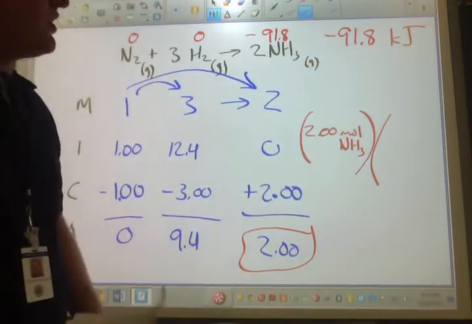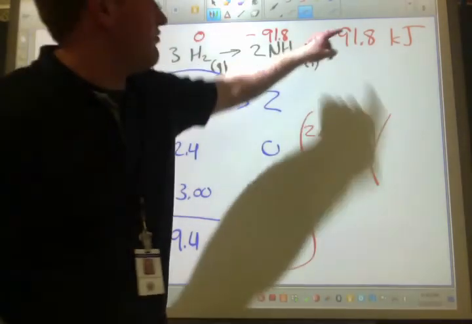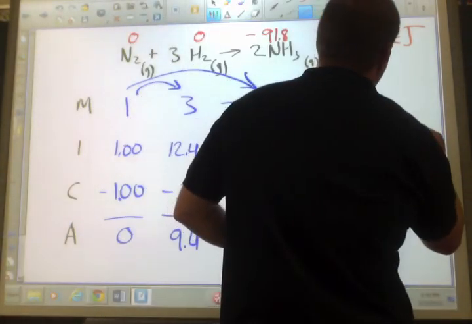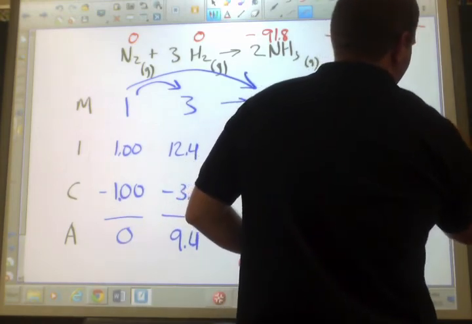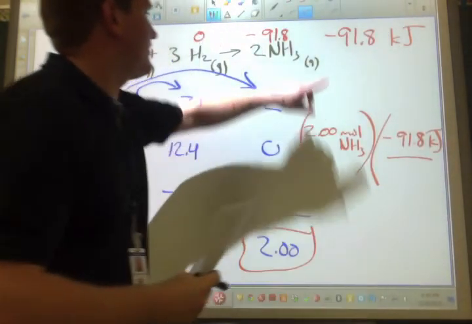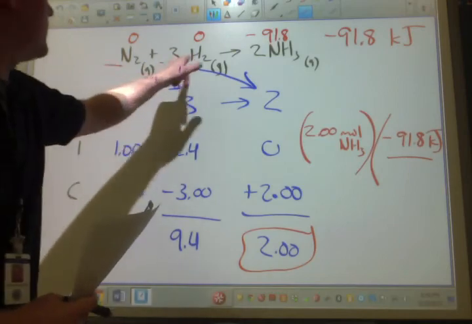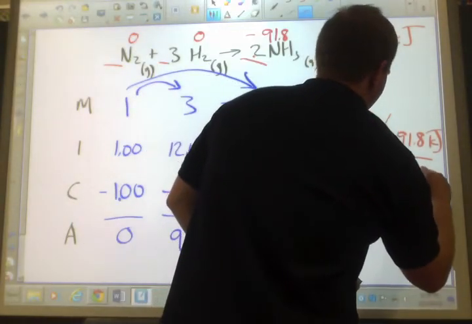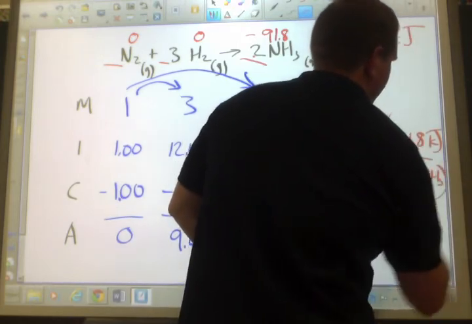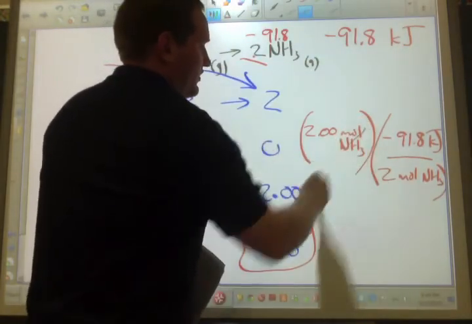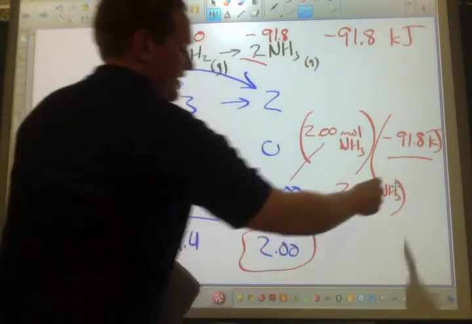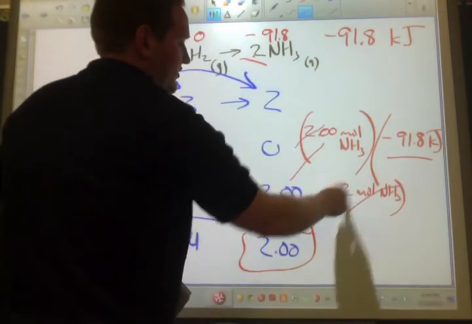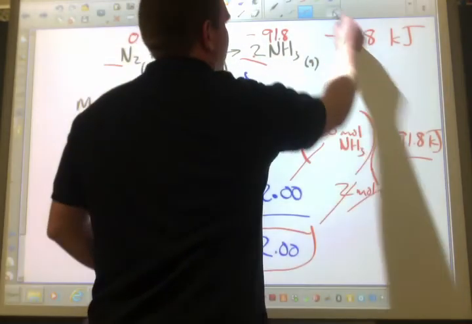Setting up our heat conversion factor right here times negative 91.8 kilojoules per, now let's see how much ammonia we produce. 2, isn't that convenient? 2 moles of NH3. Moles of NH3 cancels moles of NH3. 2 cancels 2.